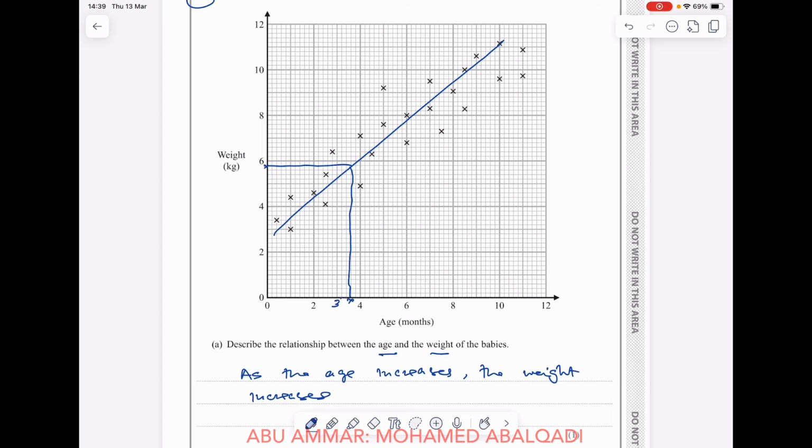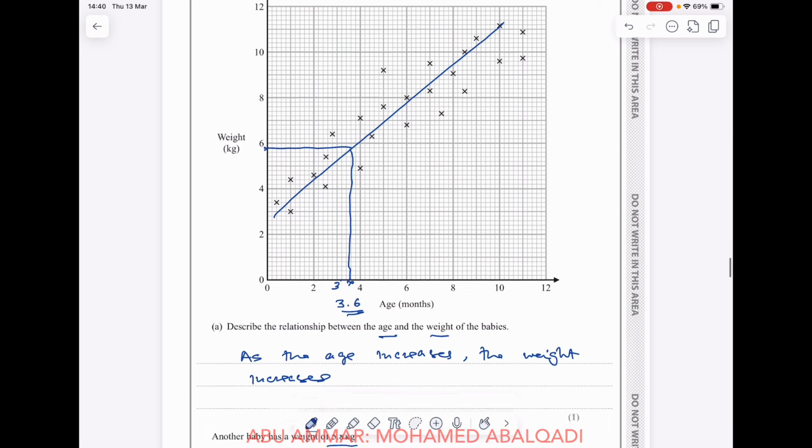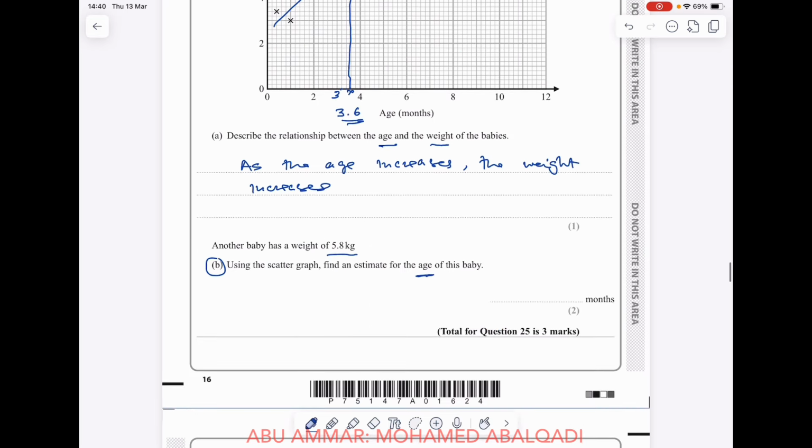So each square represents 0.2. So this will be 3 squares, which is 0.6. 3 plus 0.6 is 3.6. So it will be roughly 3.6 months. So the age of this baby is around 3.6 months.